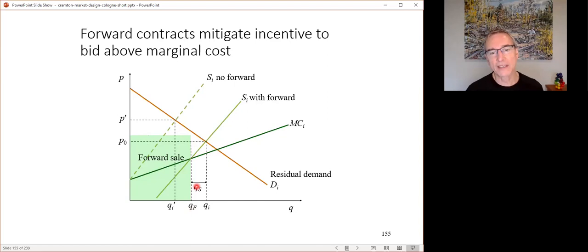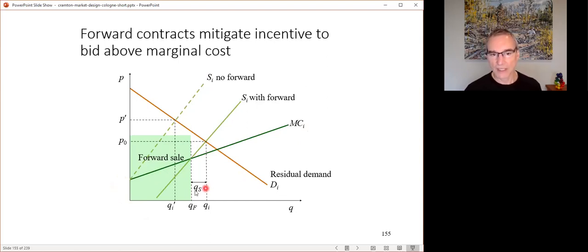So here, just looking at this picture, this is the guy without a forward position, and here's marginal cost. This is what he would want to bid, something like this, without a forward position, taking his price impact into account by looking at the residual demand curve.